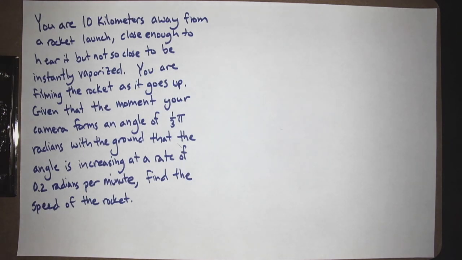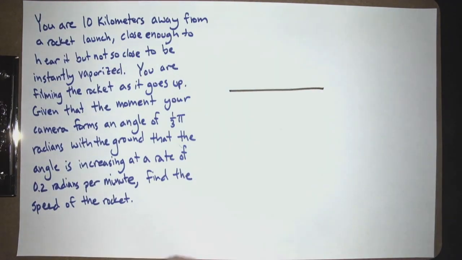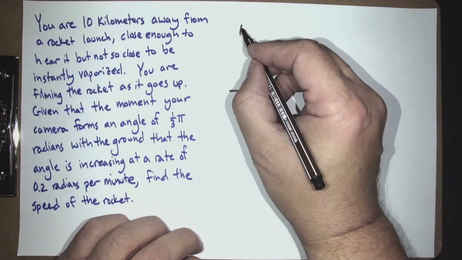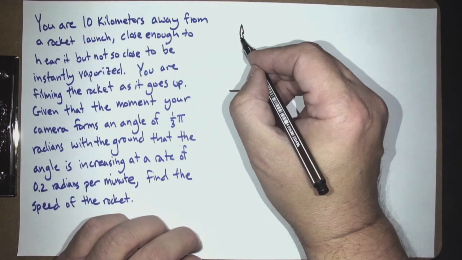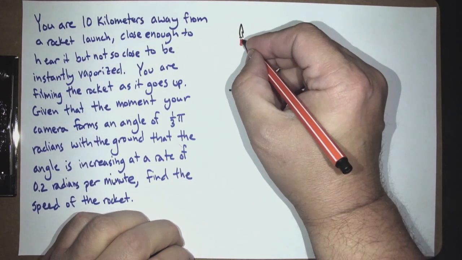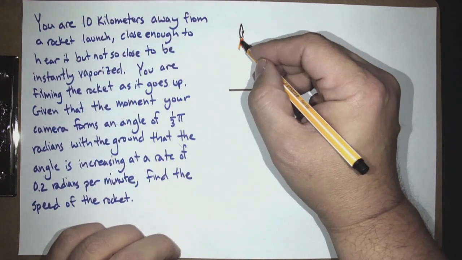All right. So we should draw a picture. Now, if you like, you can, of course, channel your inner artist. So we can draw our rocket here. This is definitely not going to be to scale, by the way, by the time we're done.